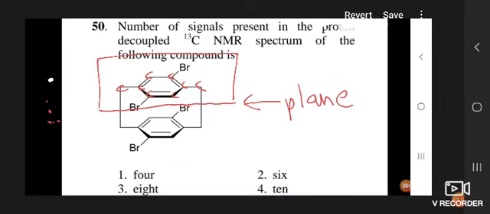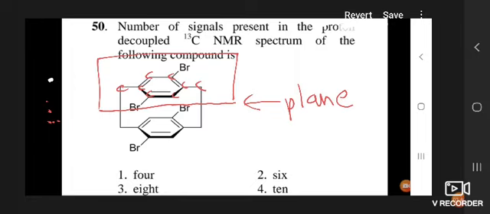As there are 8 carbons, we have to look at whether all these 8 carbons are different or some of them are similar. If all are different, then the number of CMR signals is 8.